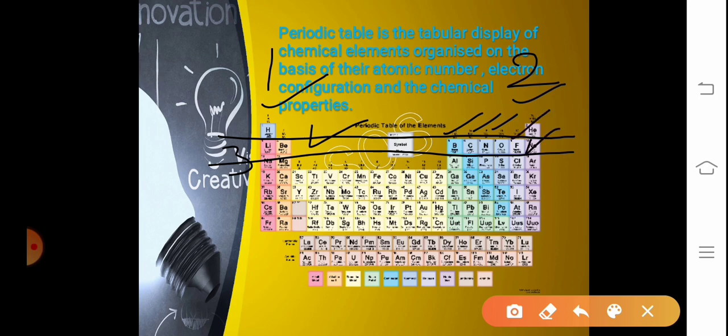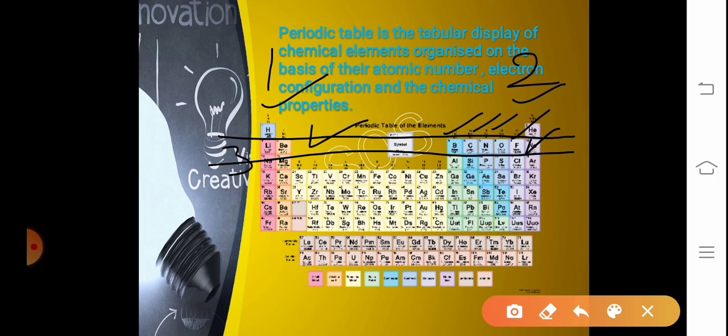They are arranged in increasing order of atomic number. Atomic number of hydrogen is 1, helium is 2, lithium is 3, beryllium 4, boron 5, carbon 6 and so on. So this is how the elements are arranged, in increasing order of their atomic number.